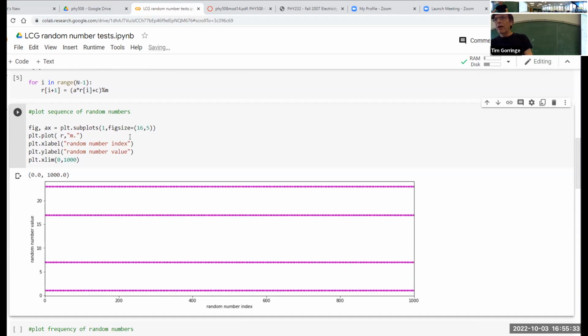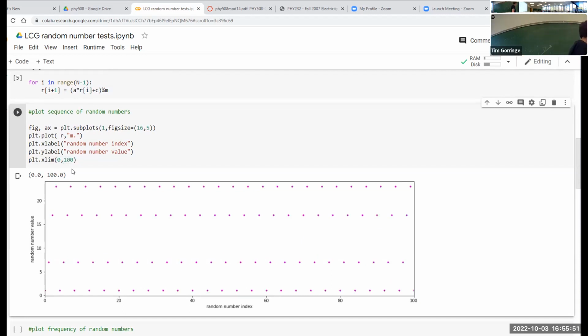Let's plot this guy on a different range. I'm just going to plot, say, the first 100. So this is the output of this random number generator, which also isn't very random at all. Remember, we got a space of 32 numbers from 0 to 31.